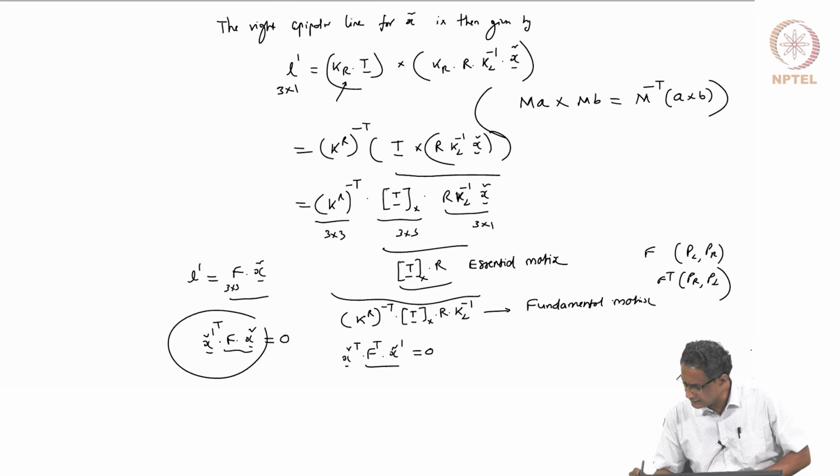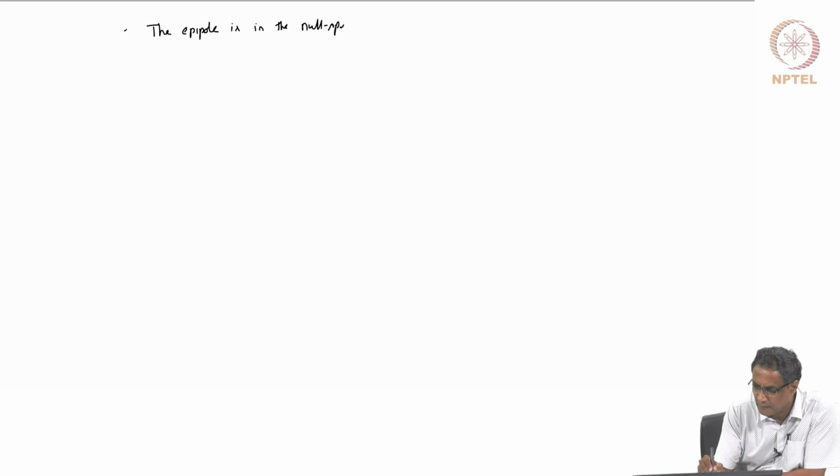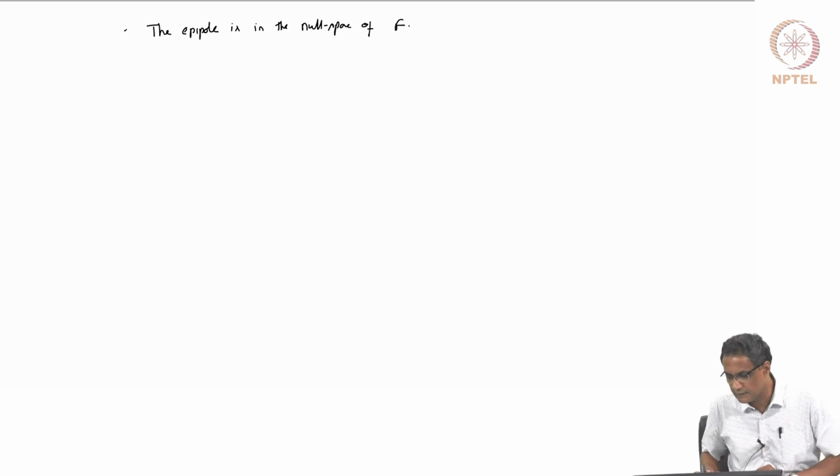There are a couple of properties of this which we can go through. So the first claim is that the epipole is in the null space of F. F is already a fundamental matrix, and because it has been arrived at using homogeneous coordinates, F itself can only be found up to a scale factor.